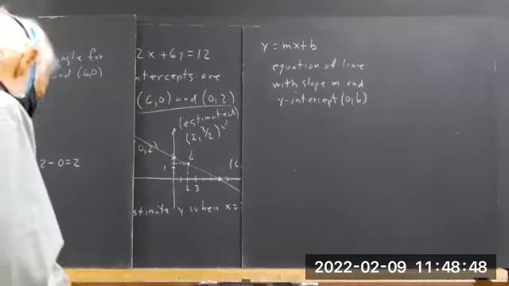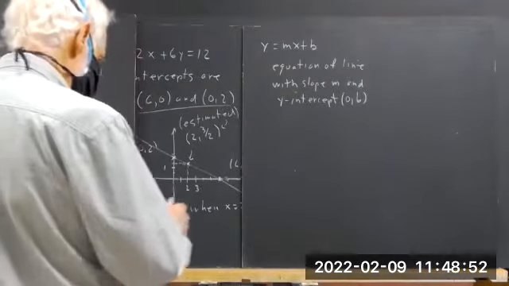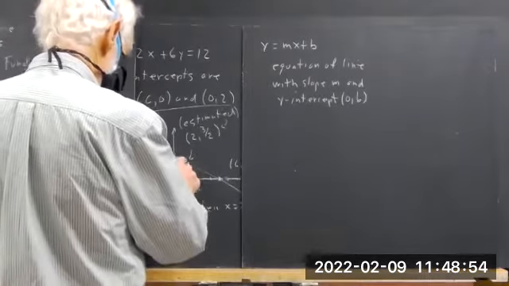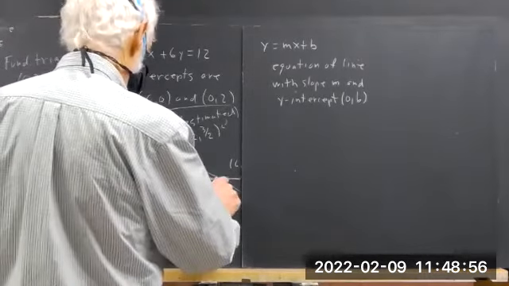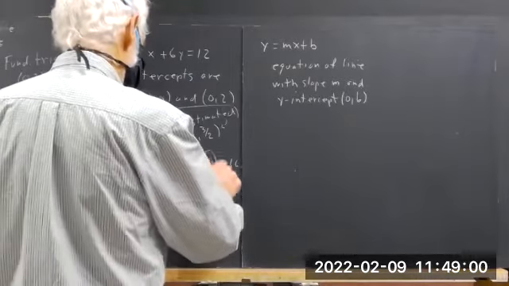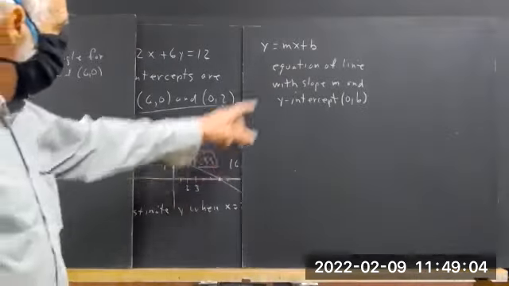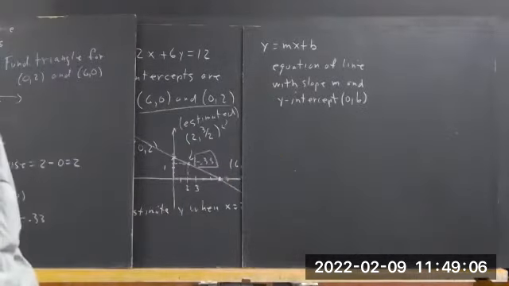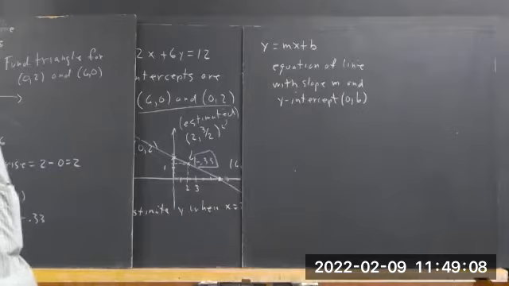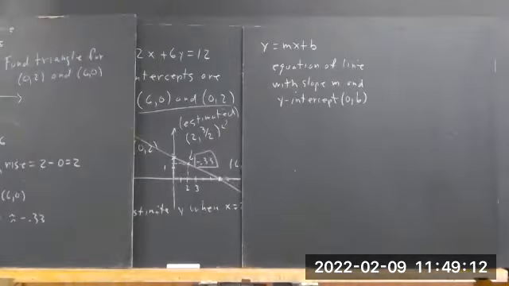And actually, we can go ahead and put that here. We can fill in that triangle and put negative 0.33 here. And right there's all the information you need to write the slope intercept form. Okay? So, sort that out and do that.